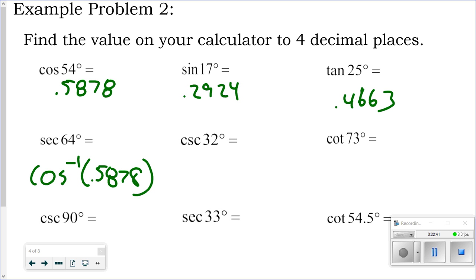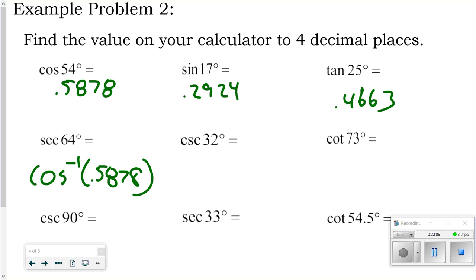We are going to be using inverse trig functions in here. Normally when you see something like cosine to the negative 1 power, that means 1 over the cosine. Not with trig functions. A trig function to the negative 1 power is not 1 over that trig function. It's the only time it's not 1 over something.